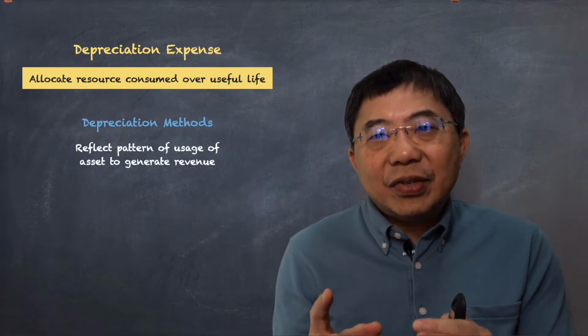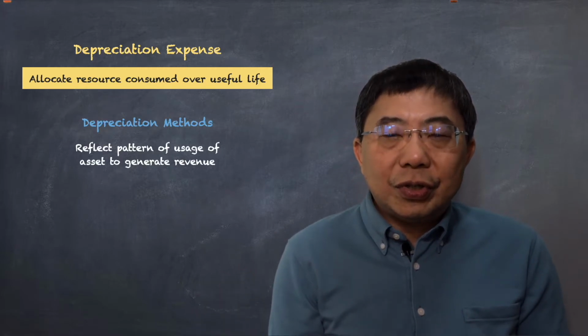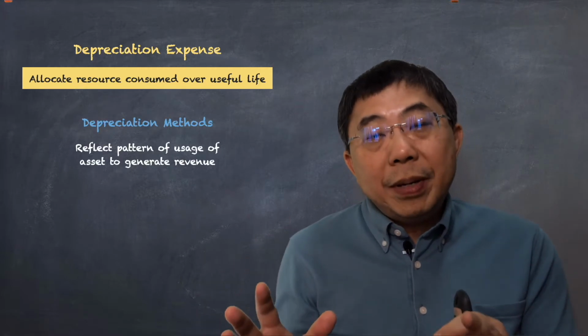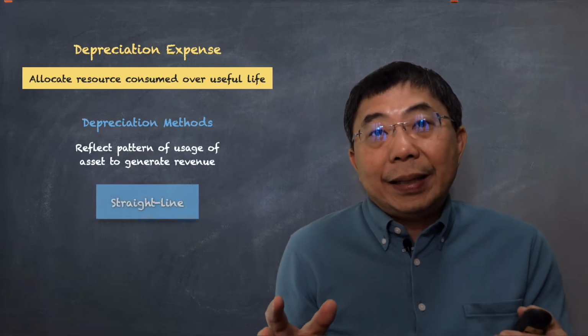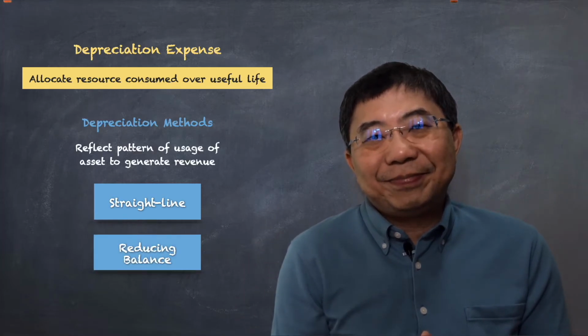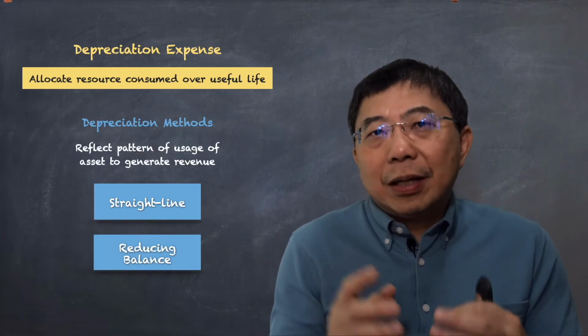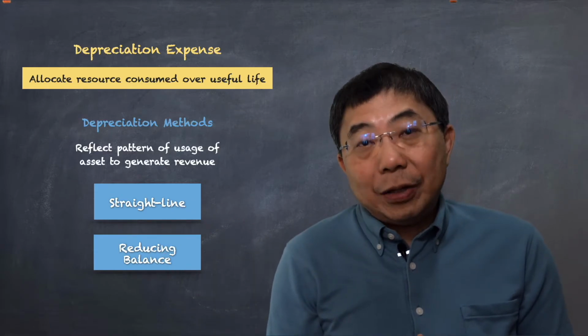In such cases, some form of estimation is used. The more common estimation methods used are the straight line and the reducing balance approaches. We will now take a quick look at how these two methods are used.